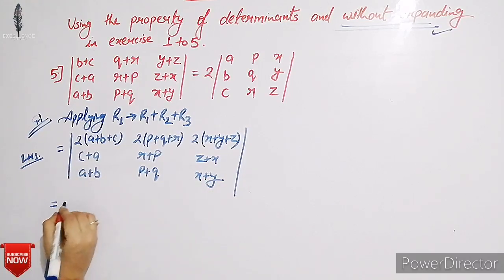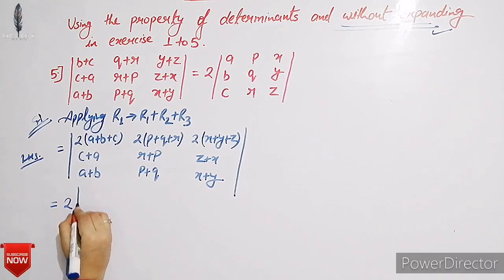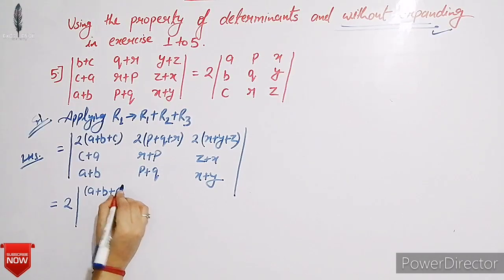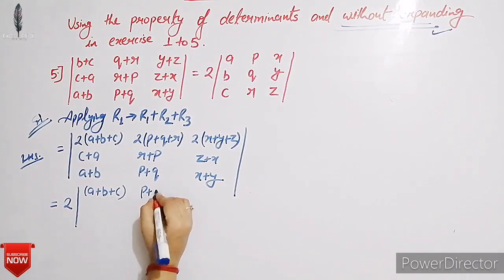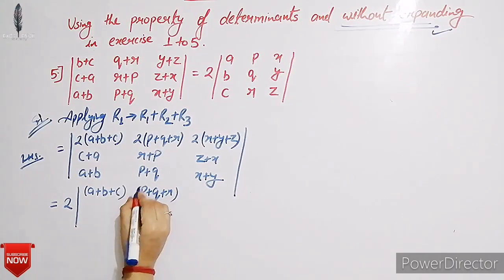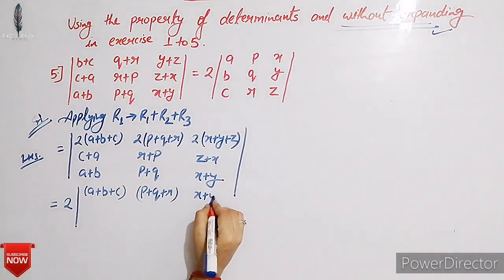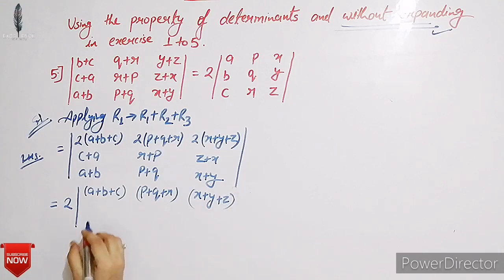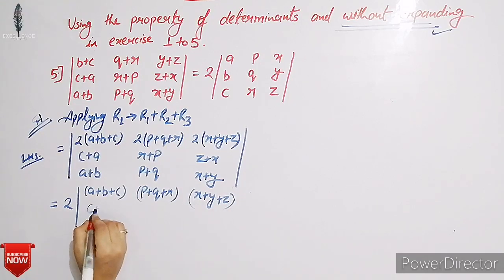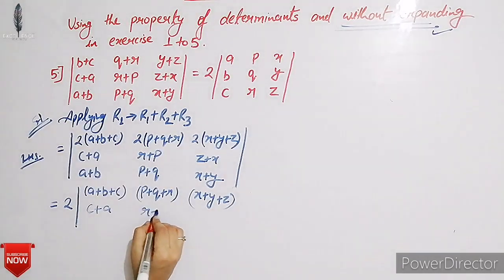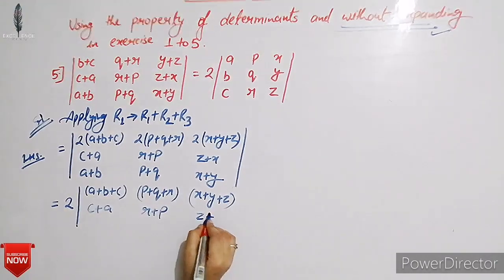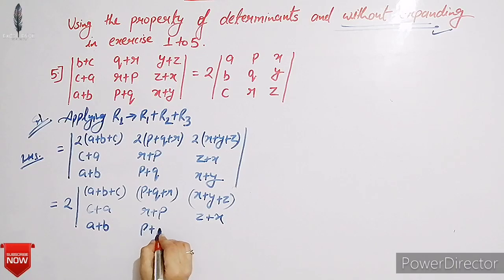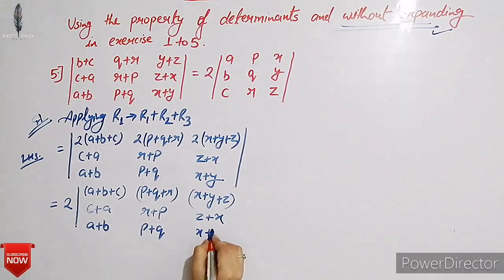Now taking 2 common from R1, then we have here a plus b plus c, p plus q plus r, and here x plus y plus z. Here c plus a, r plus p, z plus x, and R3 is a plus b, p plus q, x plus y.